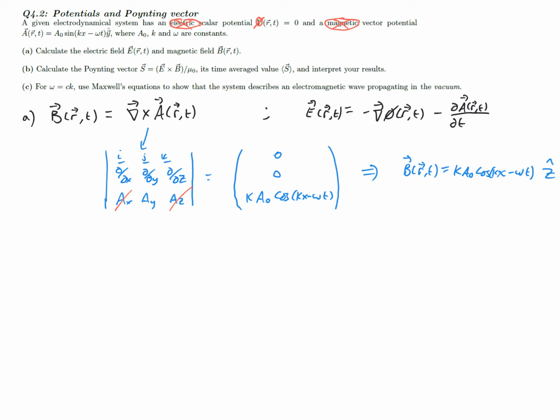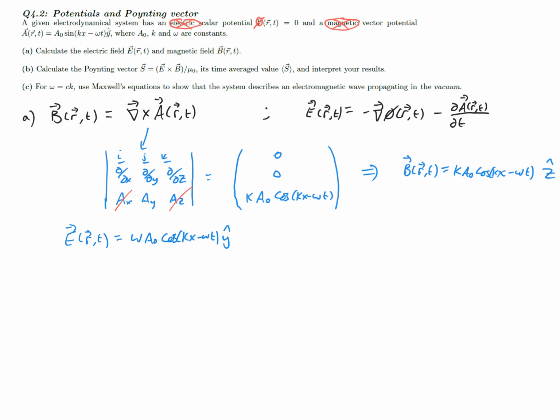So now we just have the time derivative of the vector potential, and again, that's pretty straightforward. We're just going to pick up a factor omega A naught cos(kx minus omega t), and of course this continues to be in the y direction.